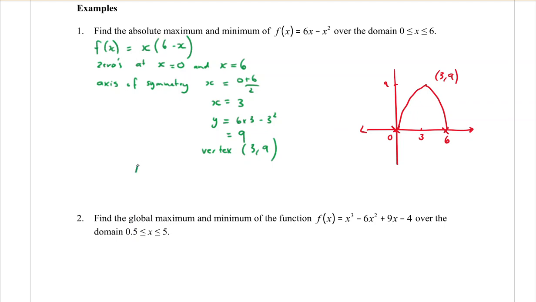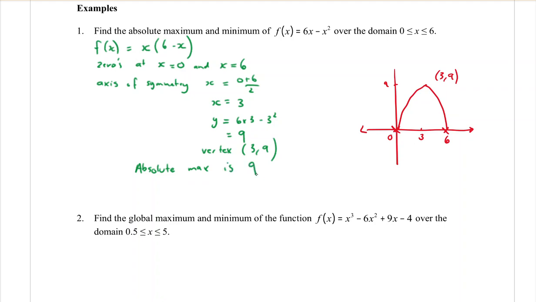All right, so I have to find the absolute maximum and the absolute minimum in that domain that I've drawn. So the absolute maximum is the absolutely highest point that that graph gets to, which is going to be my turning point. Now, when I say what is the maximum value, it refers to the y value of that graph. What is the highest y value that it's going to get to, which is going to be 9. Good. So absolute maximum is 9.